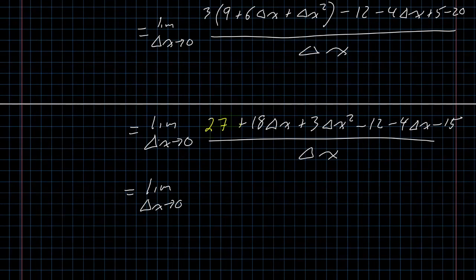Let's see, I've got constant terms, 27 minus 12 minus 15. Coincidentally, that's 0. Okay, there's actually nothing coincidental about that. I've got delta x terms, 18 delta x minus 4 delta x, not negative, positive, 14 delta x. And then I've got my 3 times delta x squared.